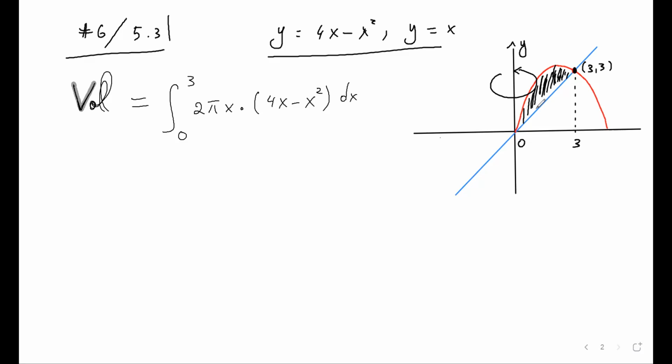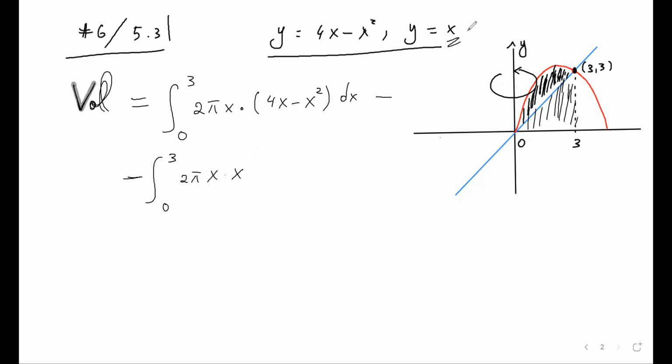That's whatever happens when you spin out the area under the red curve above the x-axis. And then minus the same type of thing, integral from 0 to 3 of 2 pi x times, and then we subtract the volume under the blue curve. That's going to be 2 pi x times x, because the blue curve is given by y equals x. That's the formula.